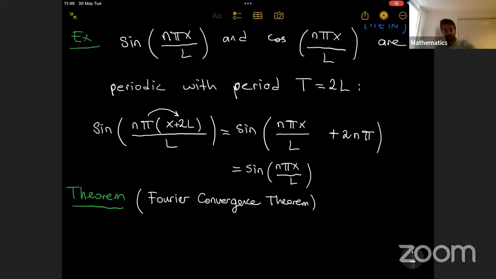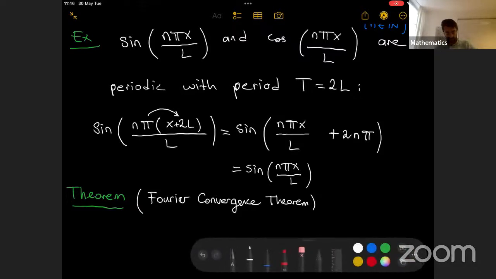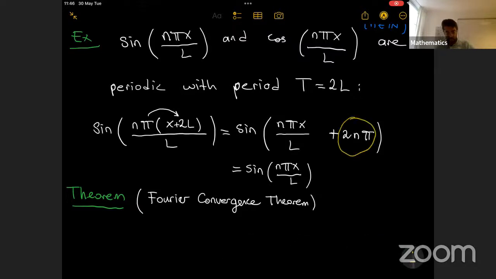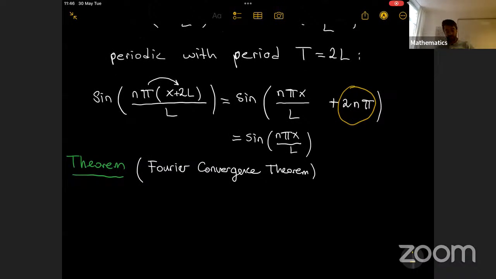Well, okay, there's one question. What happened to this 2n pi here? 2n pi will not change the value of the sine, right? Because sine is 2 pi periodic.